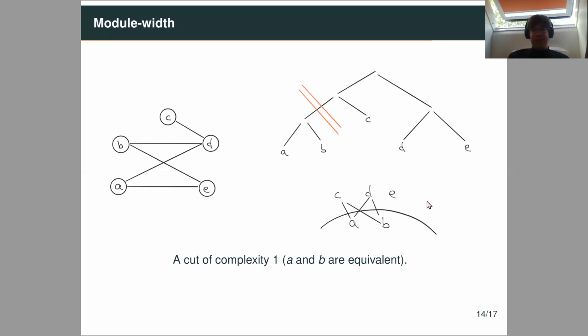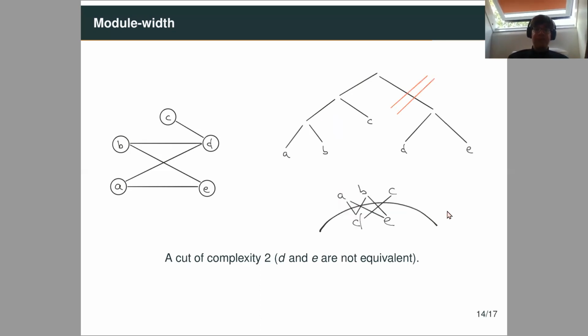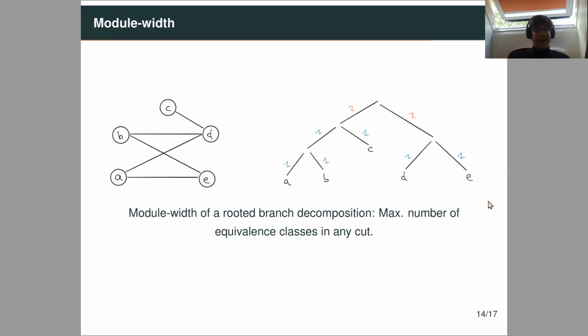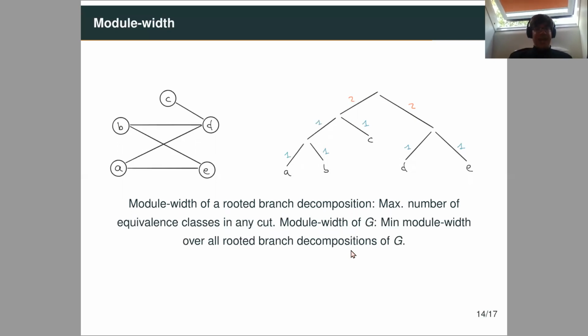They have the same neighbors. On the other hand, if we look at this cut, then we have the vertices D and E below, and these two vertices are not equivalent because D is adjacent to C, but E is not. The module width of a rooted branch decomposition is the maximum number of equivalence classes in any cut, and the module width of a graph is the minimum module width over all its rooted branch decompositions.